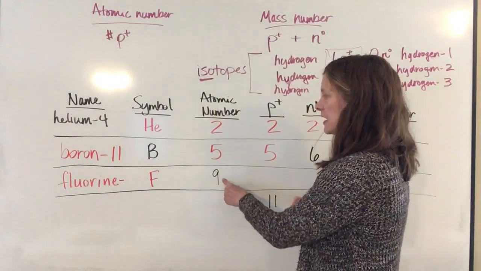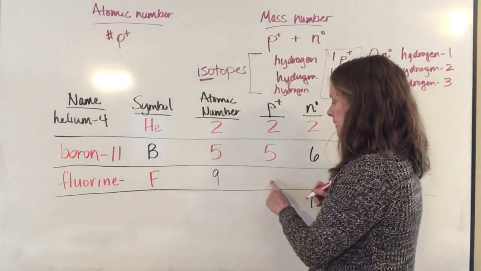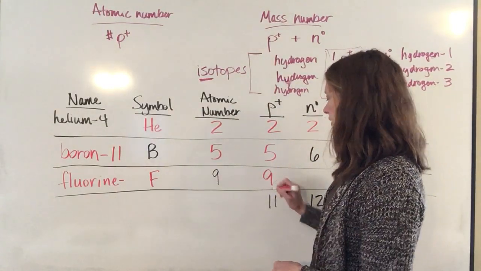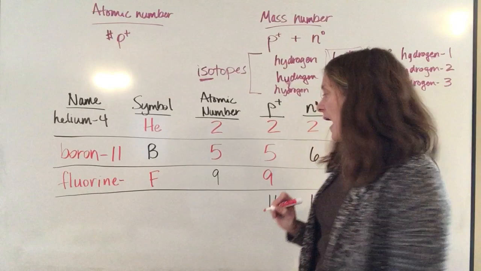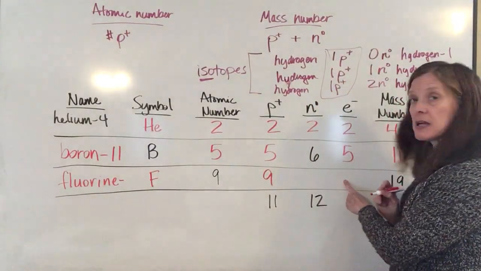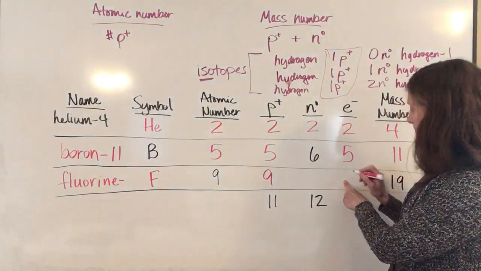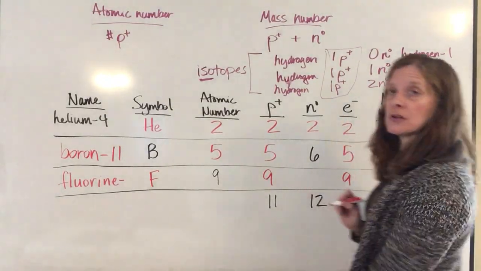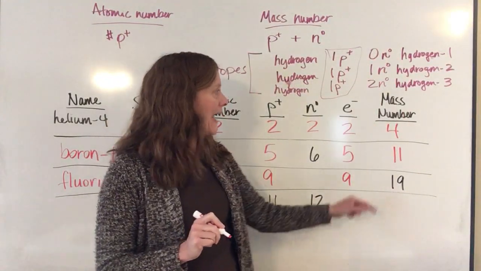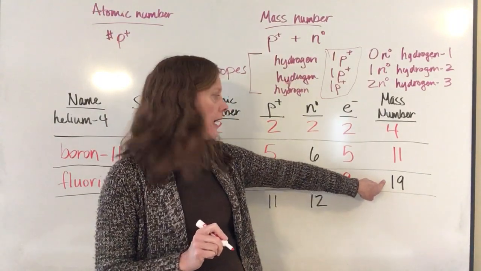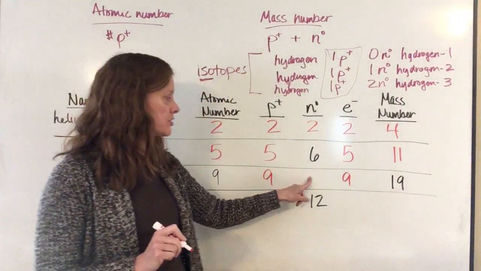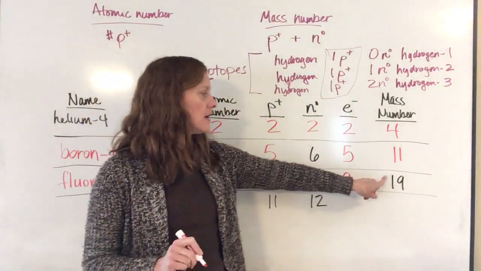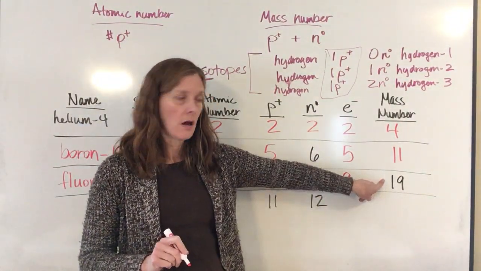If I know the atomic number is 9, what does that mean the number of protons is? Yep, it's also 9. These are neutral atoms, so if I have 9 protons, how many electrons do I have? Yep, I have 9. Now, I have to figure out the number of neutrons, but I have the mass number, and we said that the protons plus the neutrons make the mass number, so 9 plus what is going to give me 19?